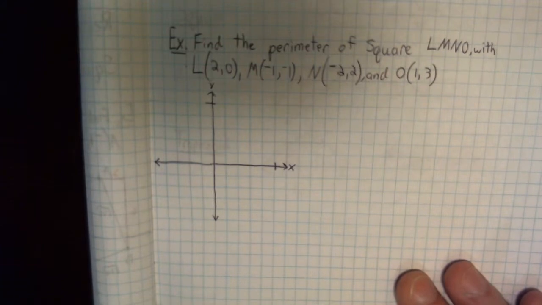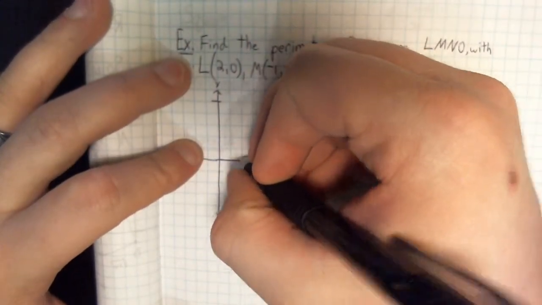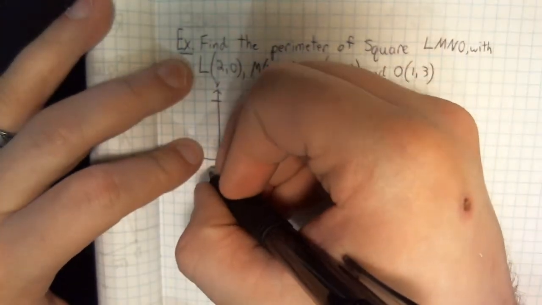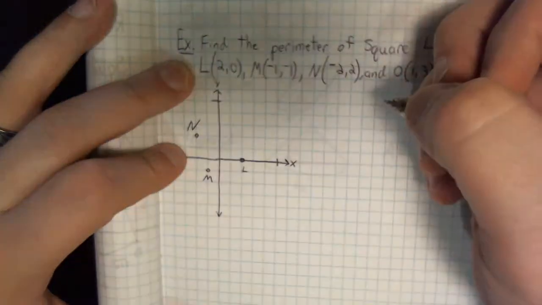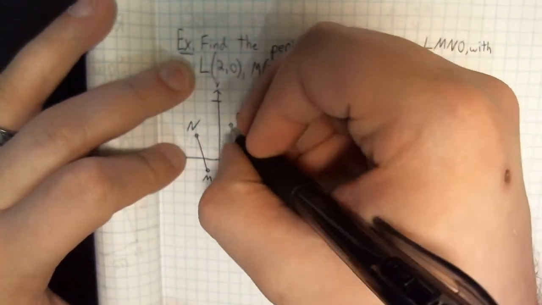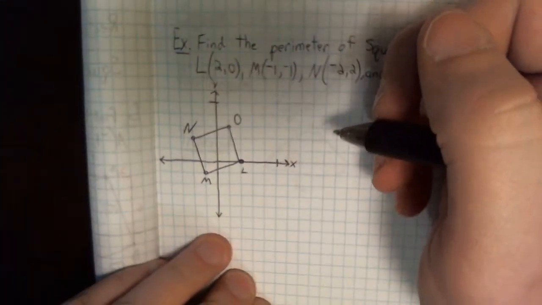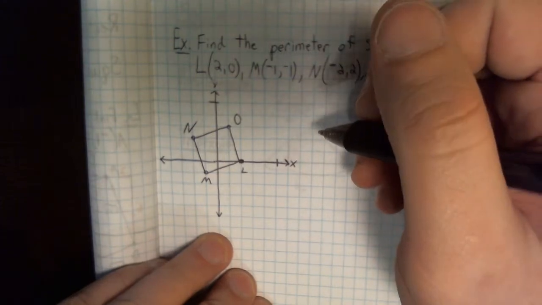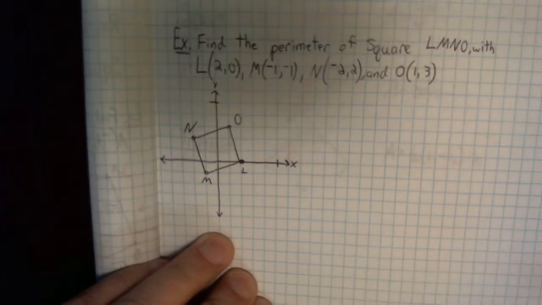Alright, let's see how you did. We want to plot this first, so 2, 0 for L, -1 for M, -2, 2 for N, and 1, 3 for O. What's very nice about squares is that we can just find one side, multiply by 4, and we'll get the perimeter.